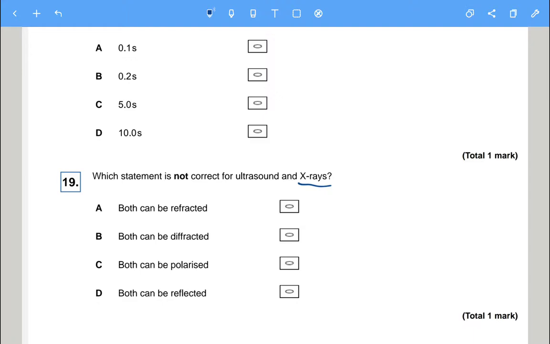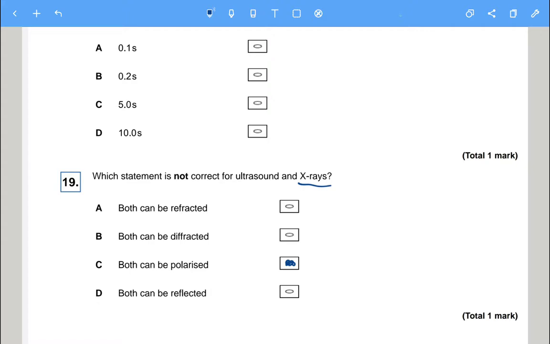Therefore, ultrasound cannot be polarized because you can only polarize transverse waves. So, C. If you're not sure on that, I would advise to get a book and read about that topic area, the differences between things like sound or ultrasound and X-rays, so transverse and longitudinal waves.